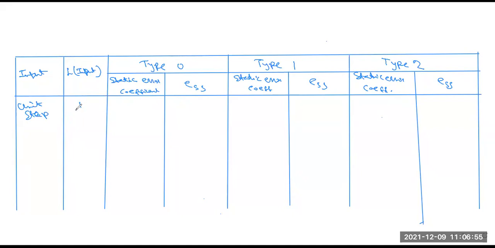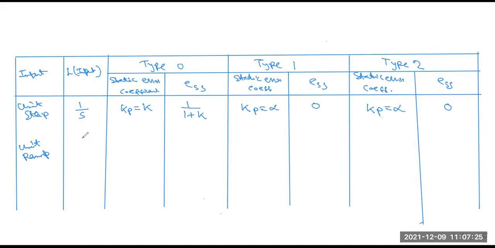So first for unit step we have to put the value. This function is 1 by s. The static error coefficient we know: kp equals k, and steady state error is 1 by 1 plus k. In the type 1 system, kp is infinite and the steady state error is 0. In type 2, kp is infinite, and this is also 0. Then unit ramp.